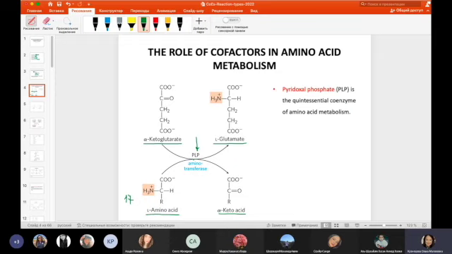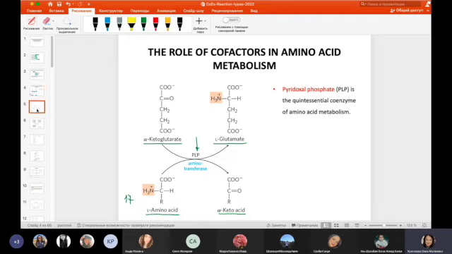Common name of enzymes is aminotransferase or transaminases. Real name depends on the substrate. If L-amino acid is aspartic acid, enzyme is called aspartate aminotransferase. In the case of alanine, it is alanine aminotransferase.